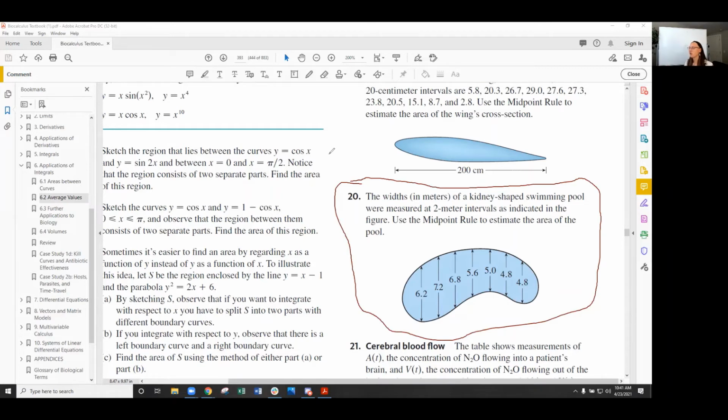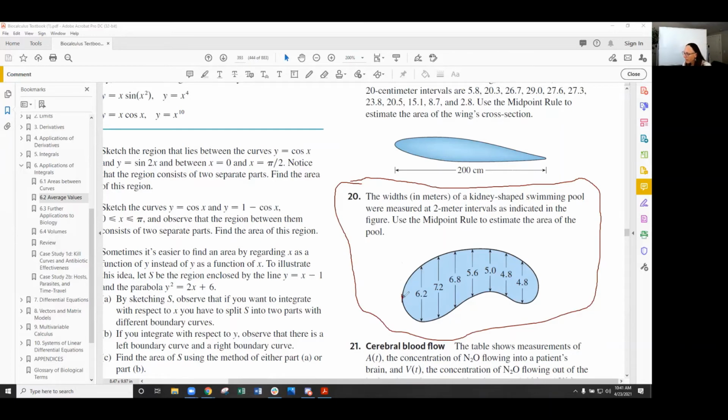But to answer the problem, what we would need to do is to look at this and say, okay, we're going to use every other piece of data that we have because we're going to define those to be the midpoint of some rectangular slice.